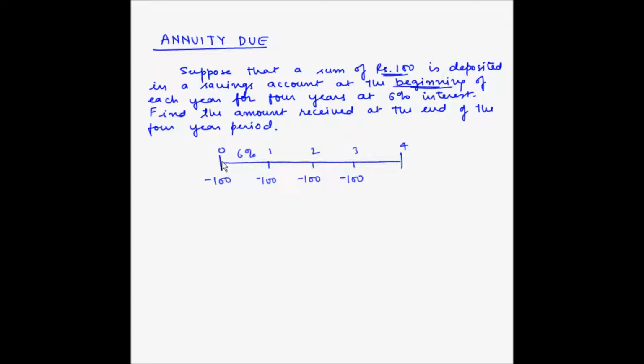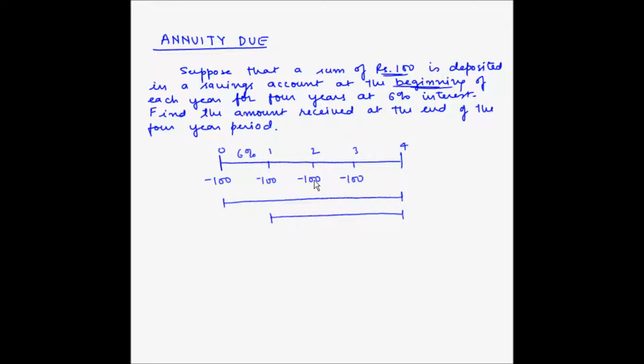Now this amount which has been deposited at the beginning of the first year will accumulate compound interest for the next 4 years. This amount of 100 rupees deposited at the beginning of the second year will accumulate compound interest for the remaining 3 years.